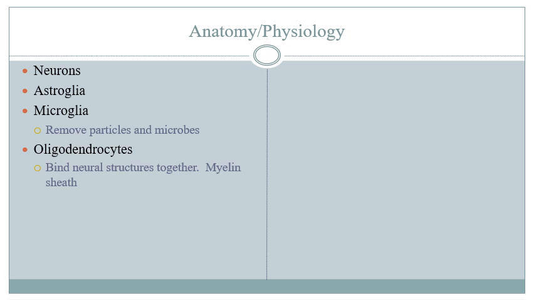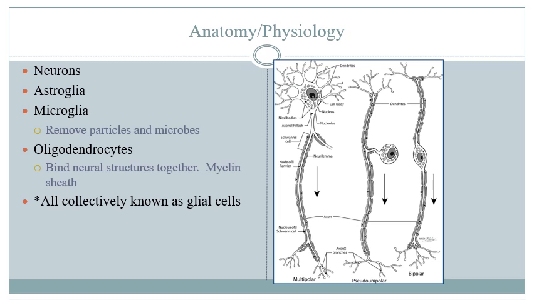And you have the oligodendrocytes, which are responsible for forming the myelin sheath. Myelin is a covering that certain nerves possess that helps speed up the information as it passes along the nerve. Collectively, all of these cells are referred to as glial cells.